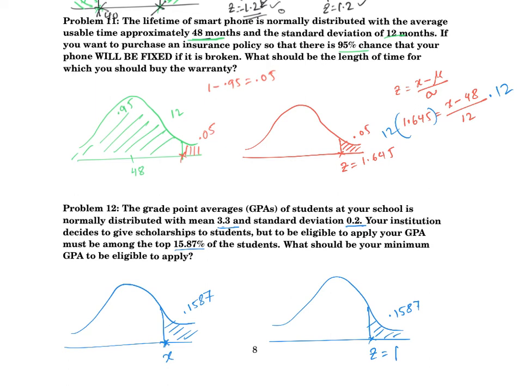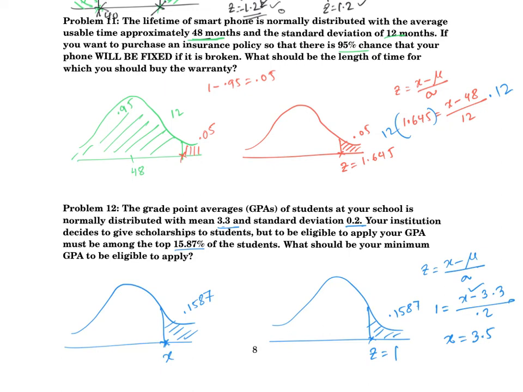That is going to be easy. Z is equal to X minus mu over sigma, and Z in this case is 1, so 1 is equal to X minus 3.3 divided by sigma, which is 0.2. Then you multiply both sides by 0.2 and solve for X, and that should be your GPA. And I can give you the answer: it's going to be 3.5, by the way.